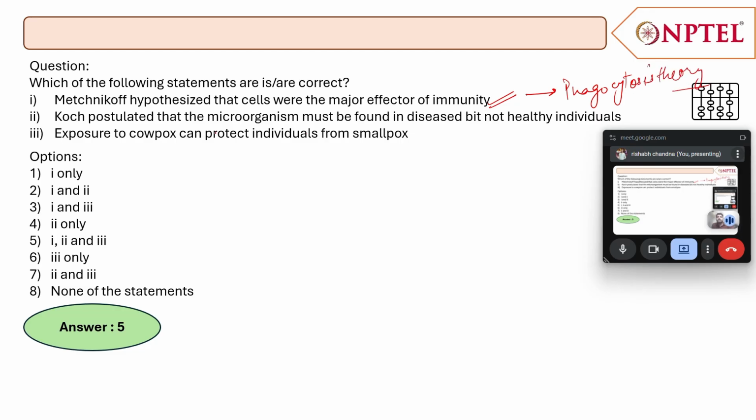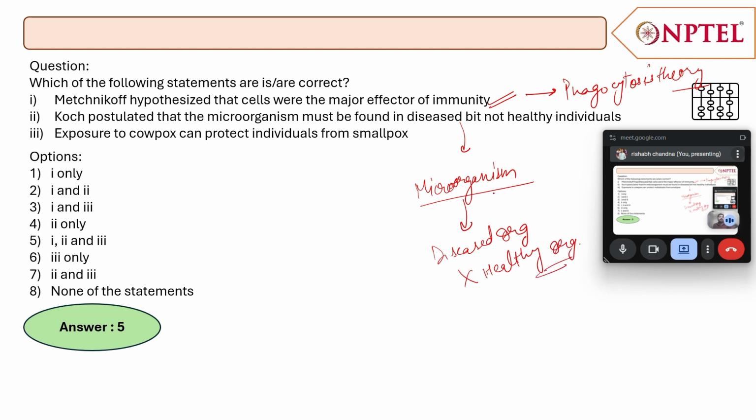Koch postulated that the microorganism must be found in diseased but not healthy individuals. So yes, this is also correct. Koch postulated some postulates that relate to the causative organism, and one of the postulates was that if a microorganism is causing the disease, it is present in the diseased organism but not in the healthy organism.